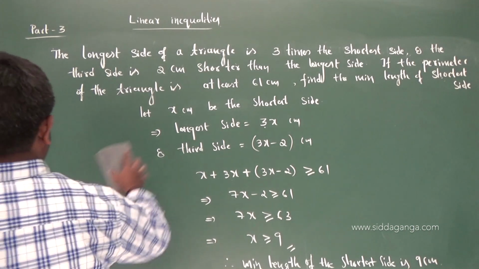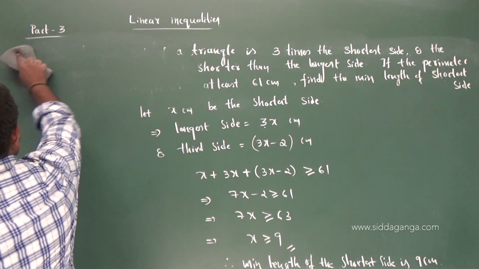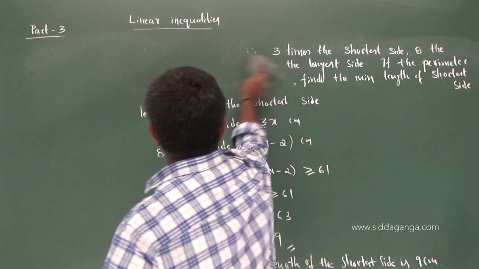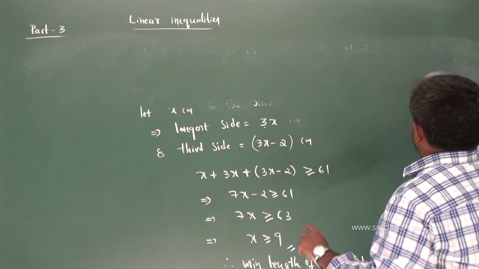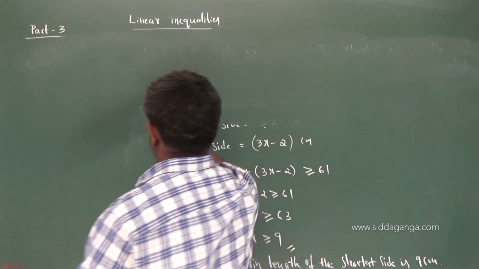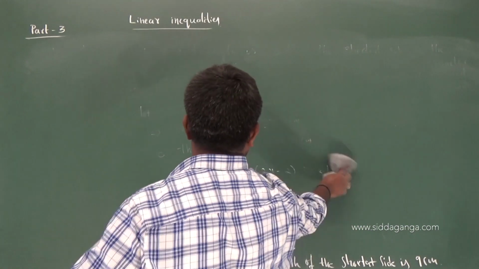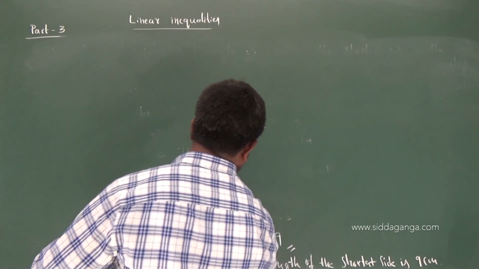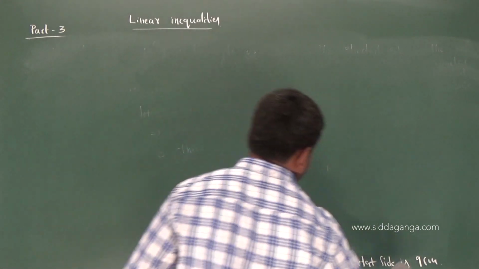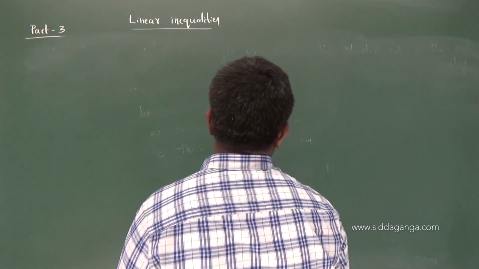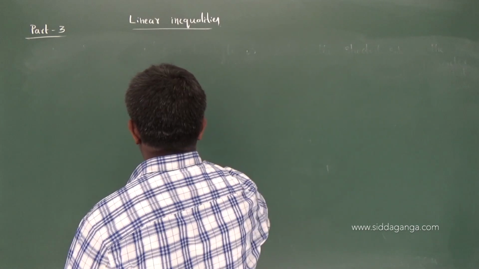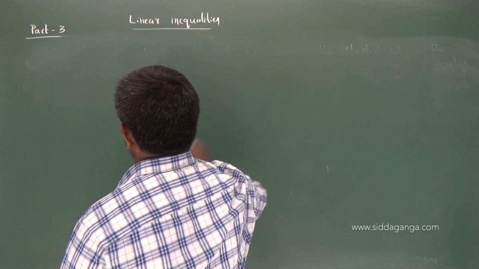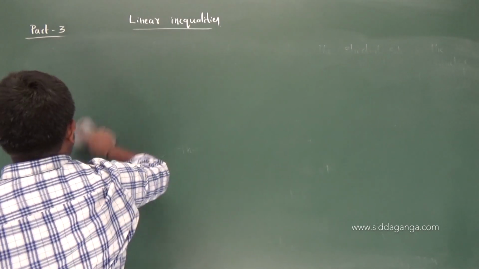Okay, this is about exercise 6.1. In the previous class and also in the previous sessions, we talked about the definition of inequality and how to solve the given inequality in one variable using the algebraic method, I mean, using 4 rules.